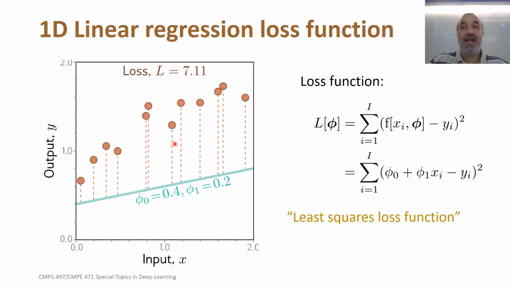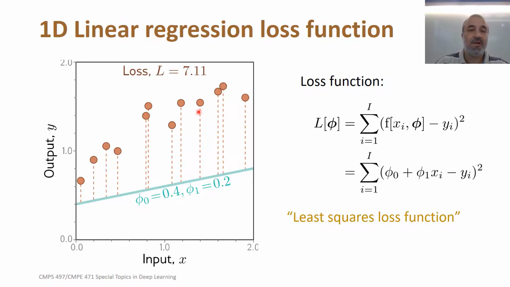Does that mean the model is bad? It seems so from what we see, because it's very far from the actual values. And if you compute the loss in this case, it's 7.11, given the exact values of the training data.